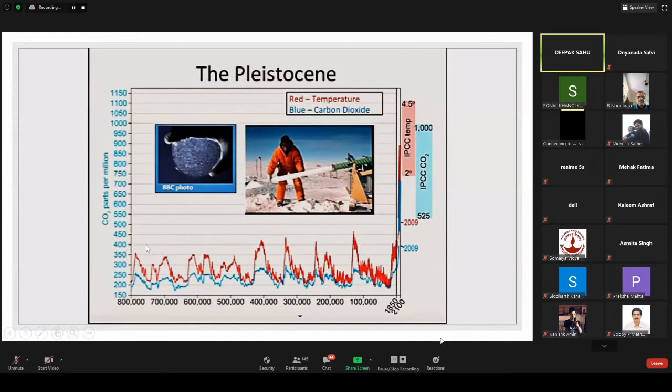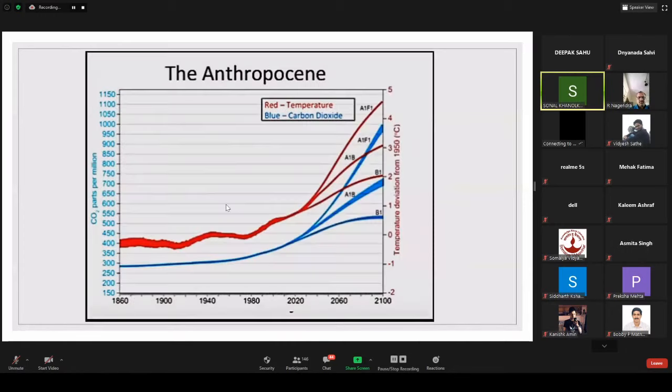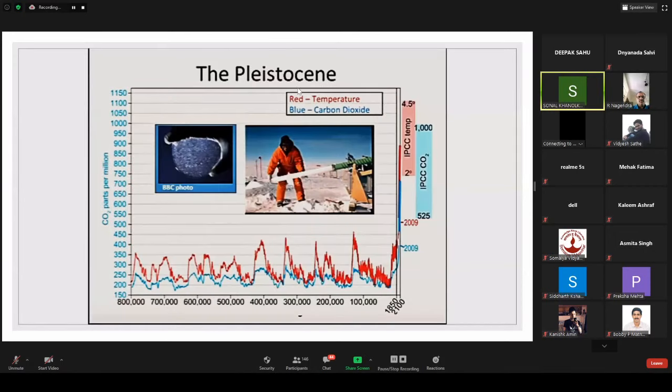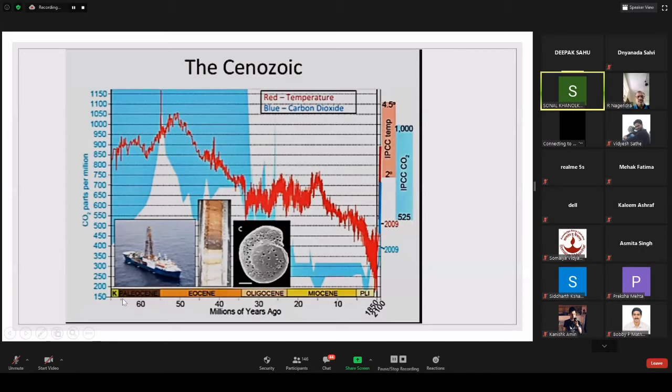Population 350 or around 400. So what we are looking at in the future is really dangerous to us. So again, if we go back more in time and look at the really deeper time in the Cenozoic, which spans the last 65 million years, there is no ice old enough to hold the CO2 and to measure the temperature.